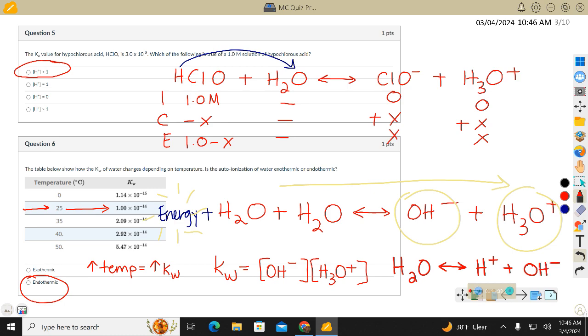It's just that in reality, when there are hydrogen ions in water, the oxygen of the water molecule is probably going to pick up those hydrogen ions, and it would really exist as H3O+. But again, quantitatively, same thing. So increasing the temperature increases Kw. We're shifting forward. This is an endothermic process.